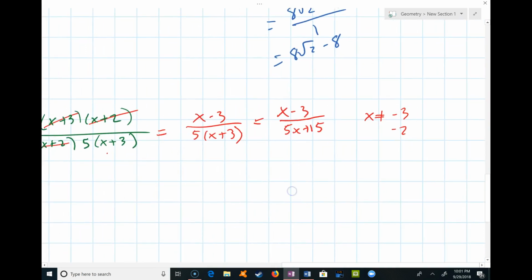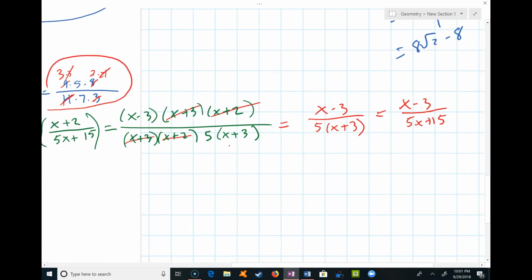So if you're asked to simplify a fraction like this, and they ask what x cannot be equal to, which they'll do in the XYZ homework, you're just paying attention to the things that you canceled out, and asking what makes that factor 0. So I would replace x with -2 to make this factor 0, and x with -3 to make this factor 0. And those are the two factors that I canceled out.